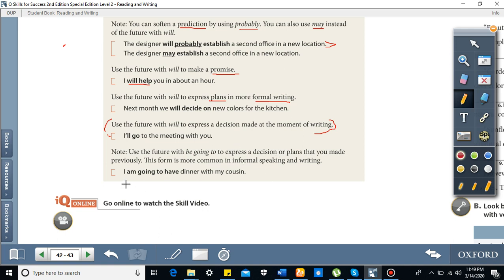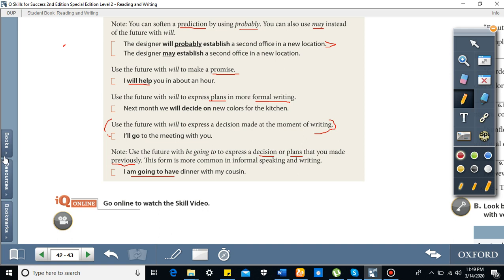In comparison to that, going to is about decisions and plans which were made previously, meaning you already planned, and after that you're telling somebody. I'll give you an example.